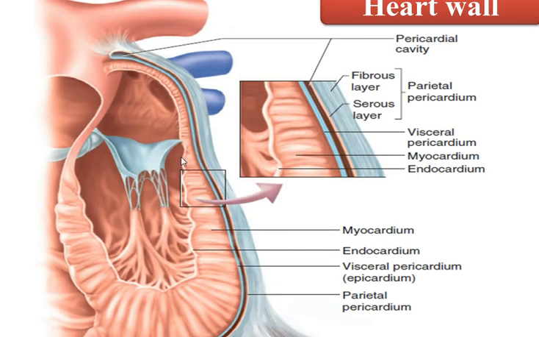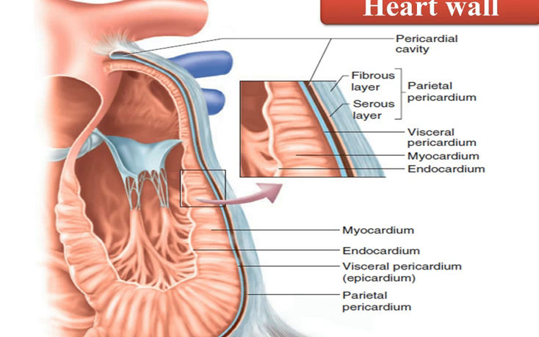Here you see that the heart is composed of 3 histological layers. The inner layer we call the endocardium, and this is the big layer and very strong layer. We call it the myocardium, and the outer layer we call the epicardium.